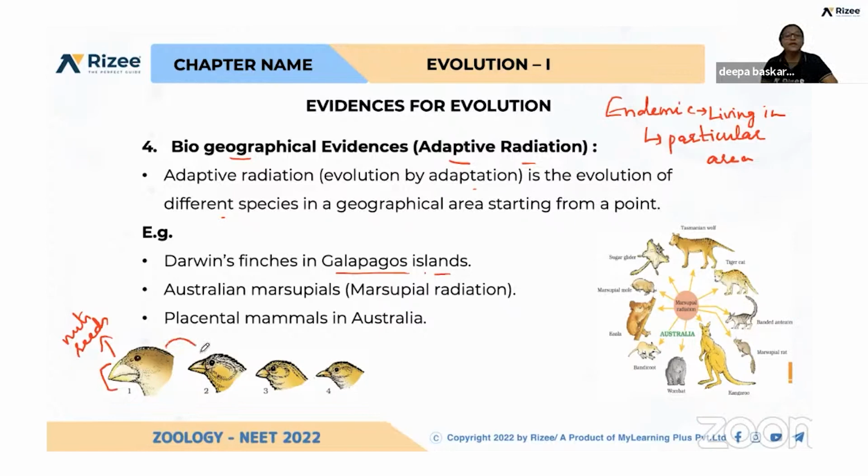After that, many different shapes of beaks evolved. To pick small worms, the beak became very sharp. It was broad earlier, and for the situation and for surviving, it evolved. Now it is very sharp. This is one example.